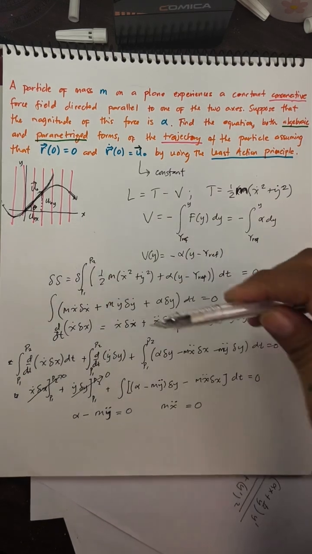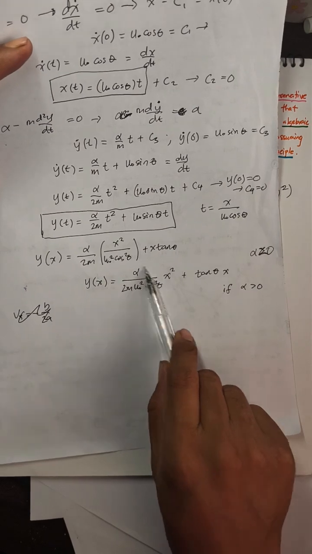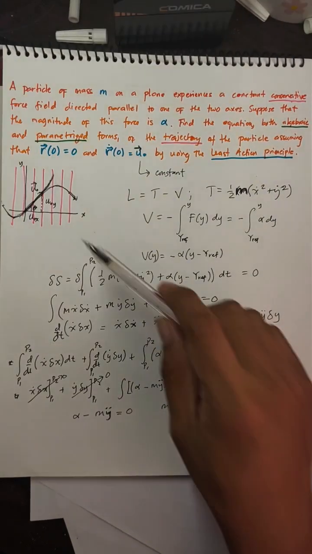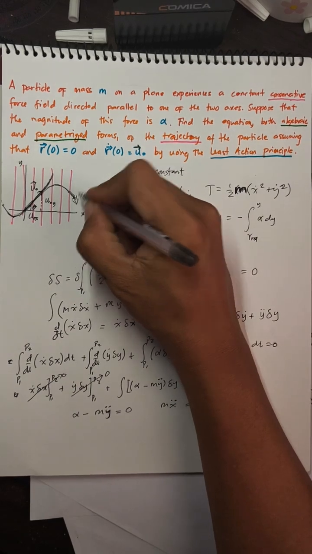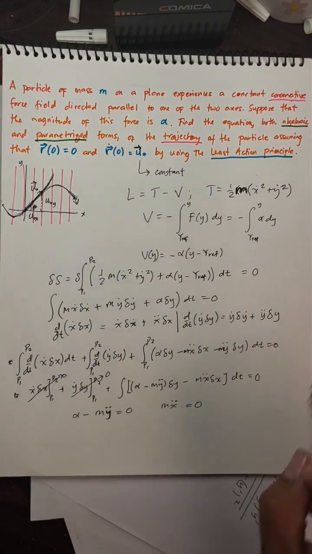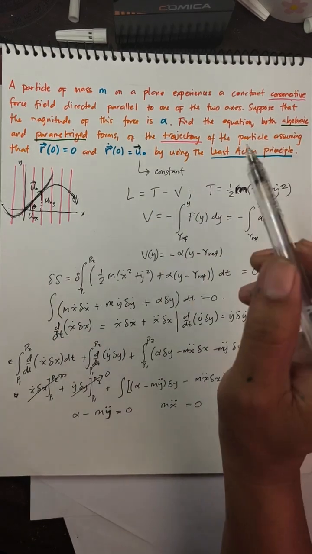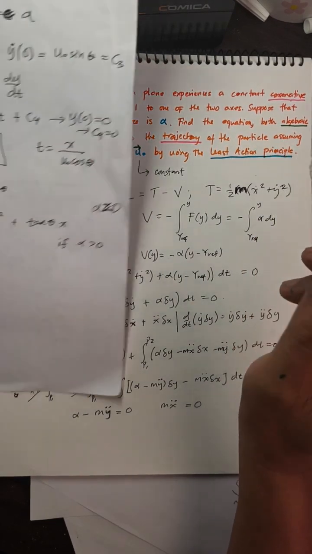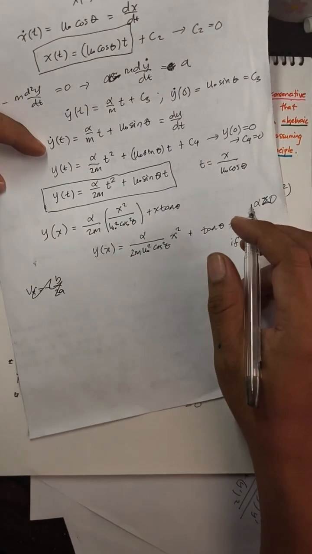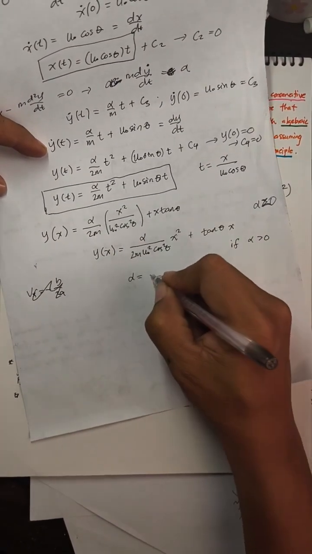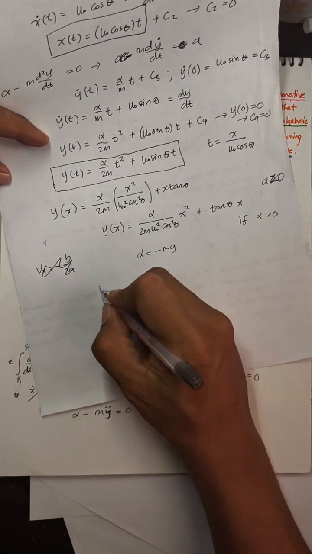Since the parabola is opening down, if alpha is negative, then this whole thing will be negative, so the vertex must lie somewhere in the first quadrant. Here, if alpha is positive, then the vertex must lie somewhere in the third quadrant. Now this will look familiar to you, and indeed it does, because if I just set alpha equals minus mg, see what would happen to y of t.